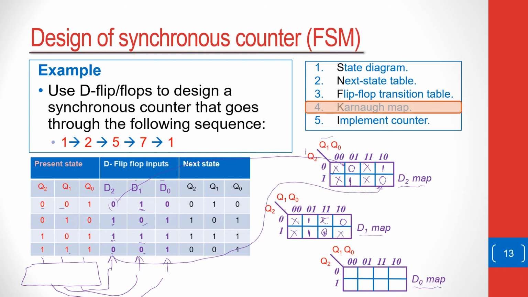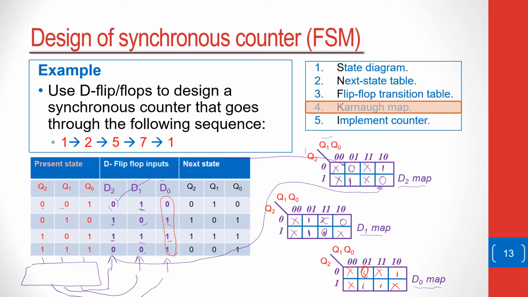We do a similar map here for this particular column, and we see that we have a 0 at 0, 0, 1, then 0, 1, 0 is a 1, then 1, 0, 1 we have a 1, and then 1, 1, 1 is that one, and the rest we don't care.